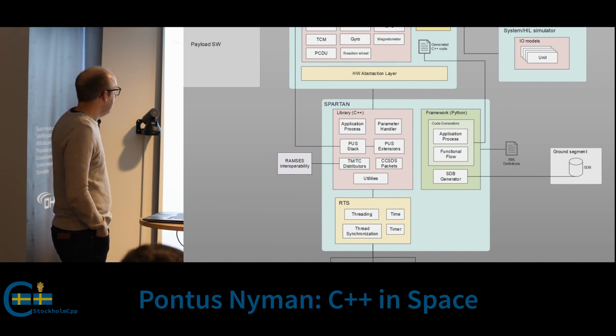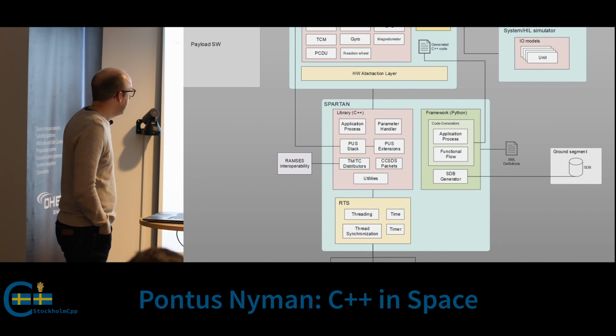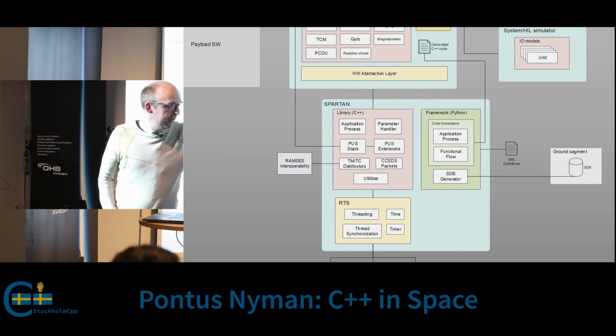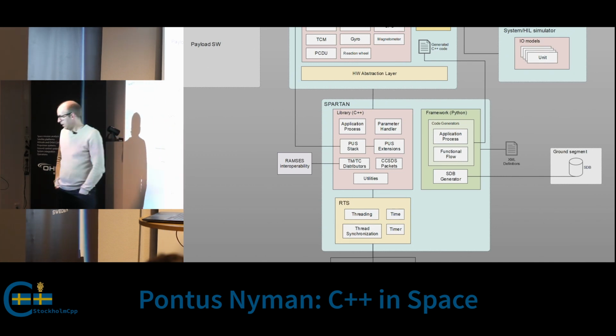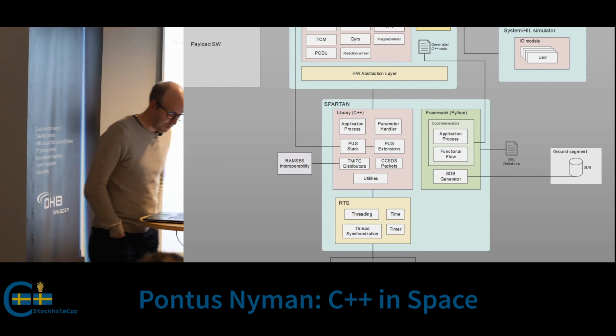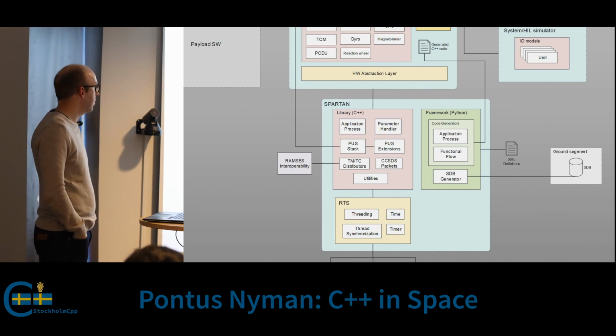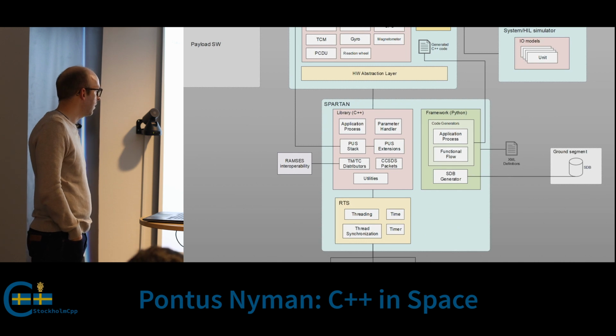It generates C++ code, and it also generates this SDB. It's a spacecraft database, basically a database that describes the interface between ground and space. So it's used by the mission control systems on ground.